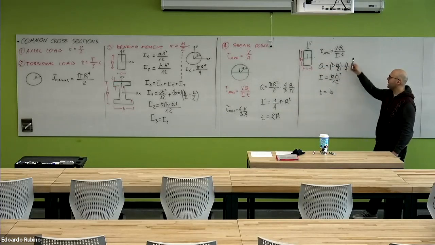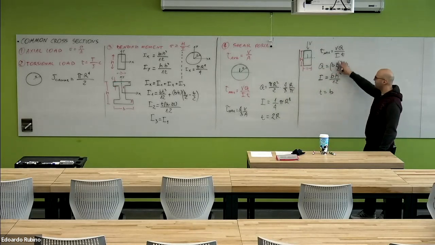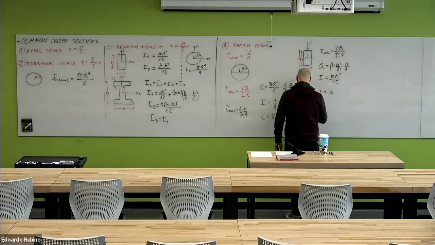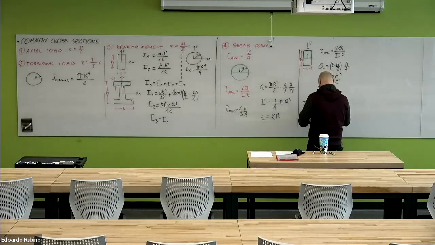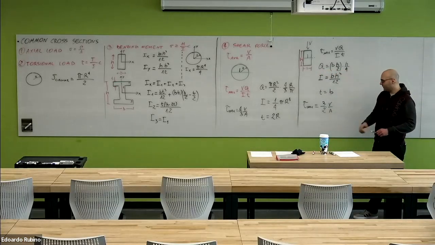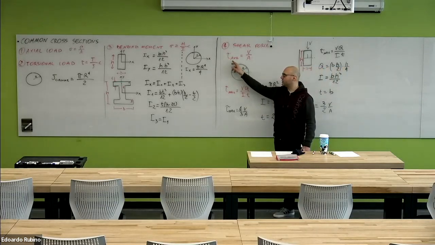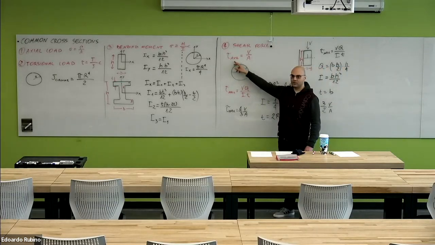So even in this case, we can combine all these equations together, and what we obtain is tau max equal to 3/2 V/A. So as you can see, even in this case, if we use the equation to determine the average shear stress, we would obtain V/A.